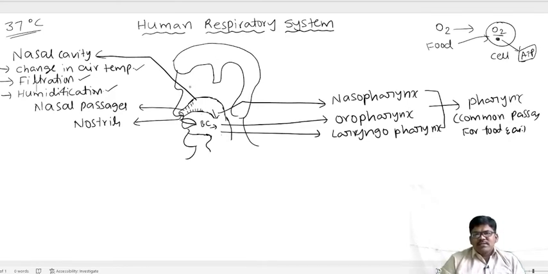Hence, we can say that the pharynx acts as a common passage for both food and air. Then, in the pharynx region, we can see two openings. One opening that enters into the windpipe is called the glottis.